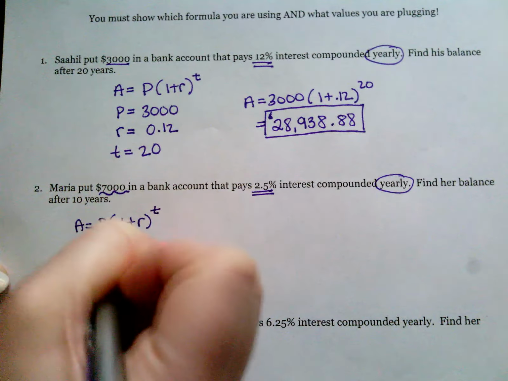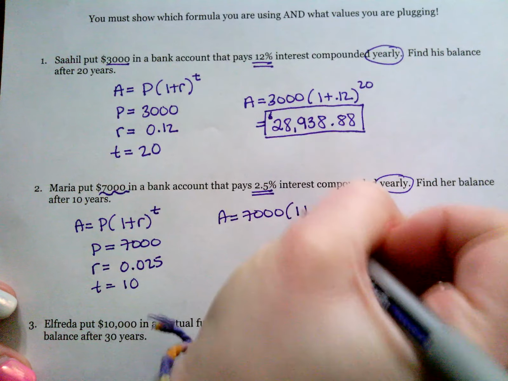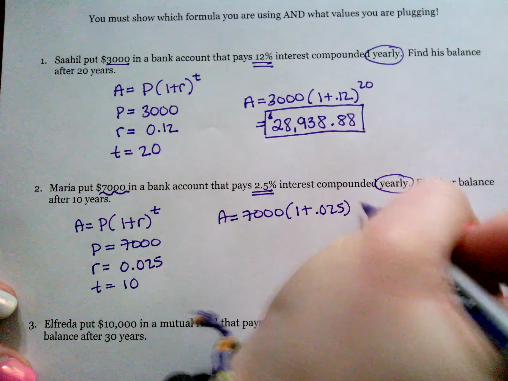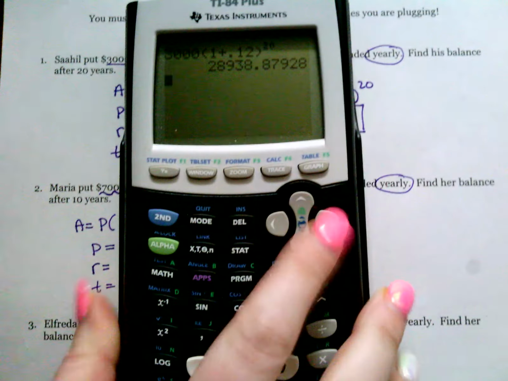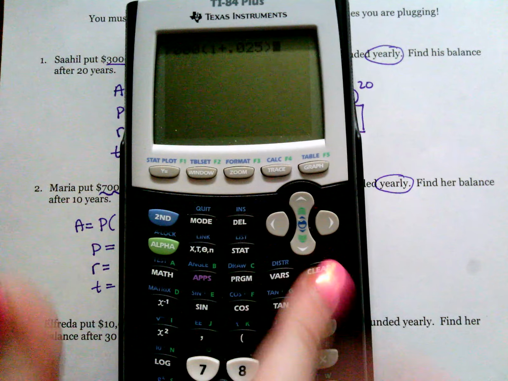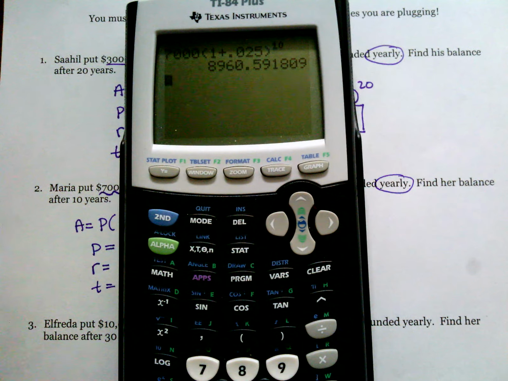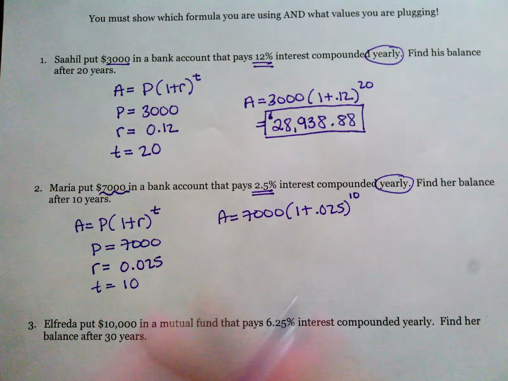So A equals 7,000 times 1 plus 0.025 to the power of 10. So 8,960.59.